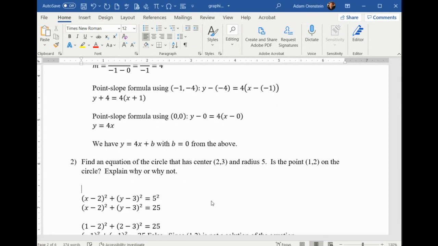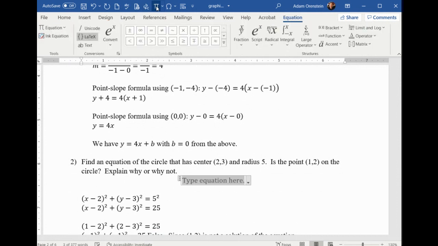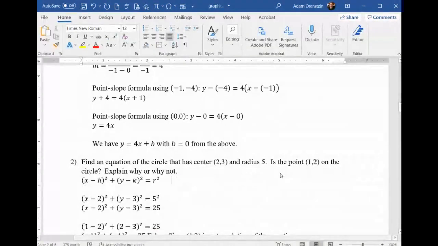You know what? Let me see if I can type it. So it's always going to look like this: x minus h squared plus y minus k squared. That's equal to r squared. This is a circle whose center is h, k and radius r. So r is a positive number.